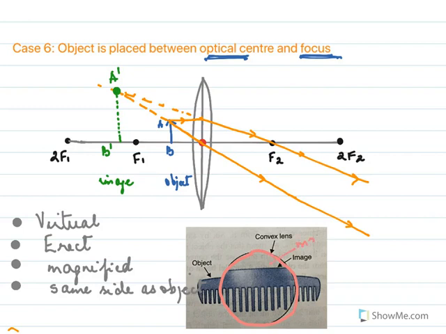This region has got magnified. So this is an example of a magnifying glass. Convex lens can be used as a magnifying glass because it gives a magnified image. Here we got a magnified image of the comb, this area.